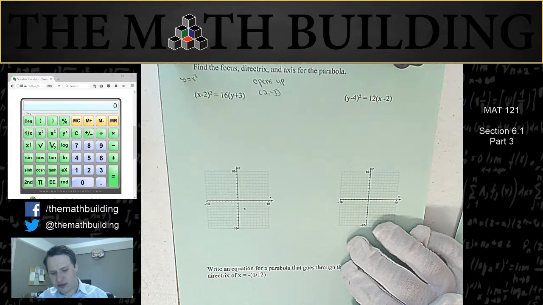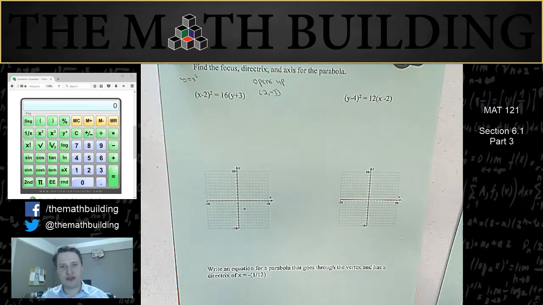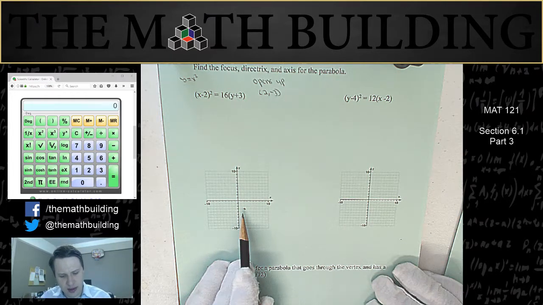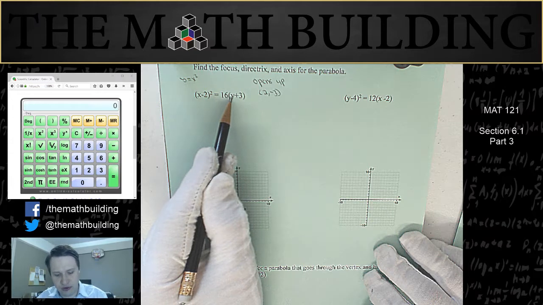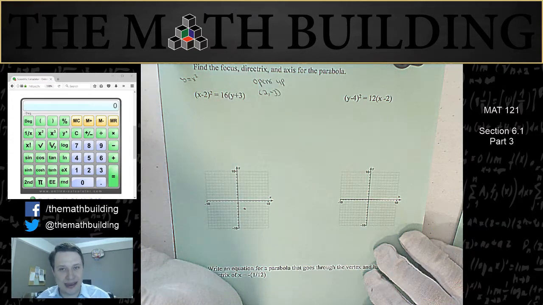Okay, the next thing to do is to figure out what p is, because from p, we're going to find the directrix and the focus. Notice, remember this term right here in front of the y plus 3, this number here is 4p.